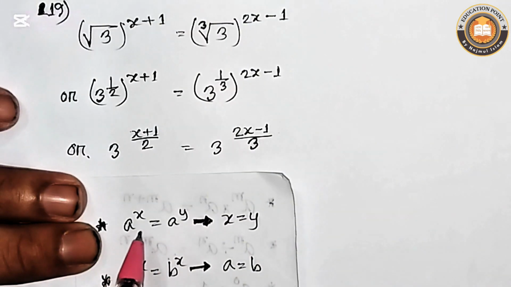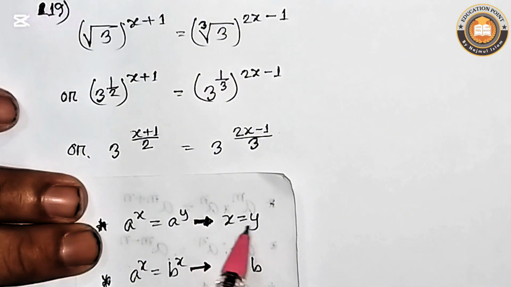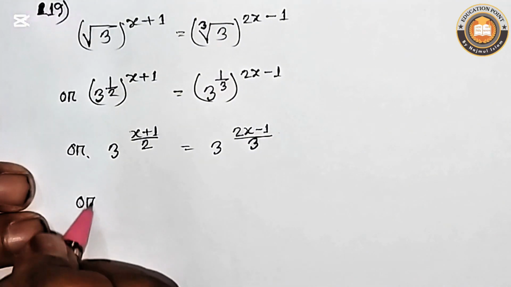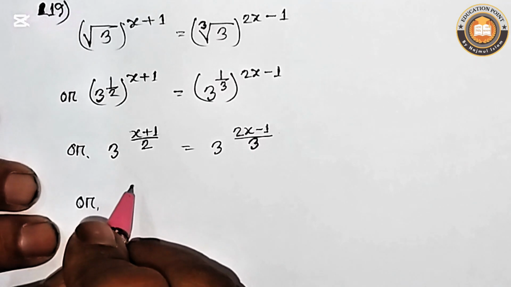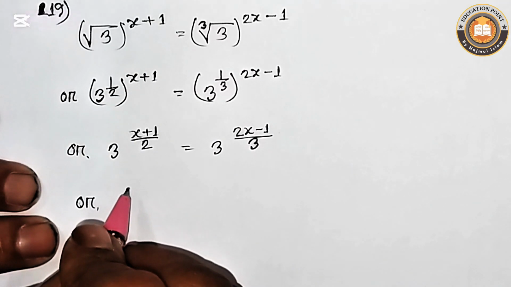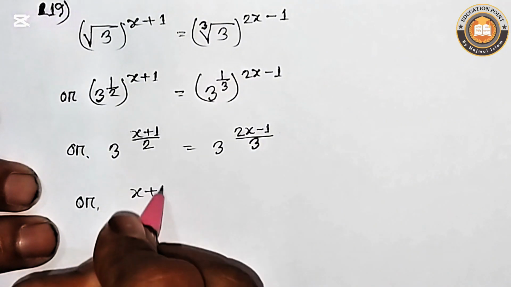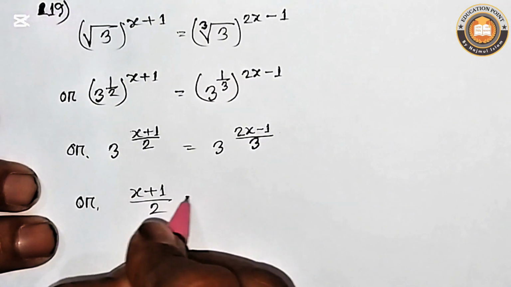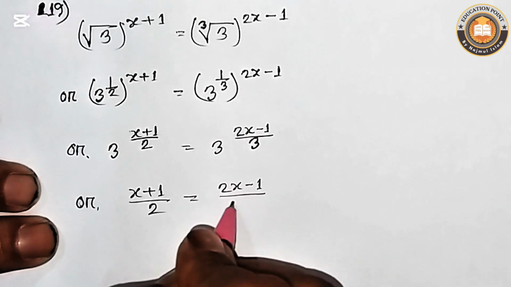Here we will apply the formula of a power x equal a power y, that means x equal y, or here similar base 3, so base is reduced. According to the formula, then we can write x plus 1 by 2 equal 2x minus 1 by 3.